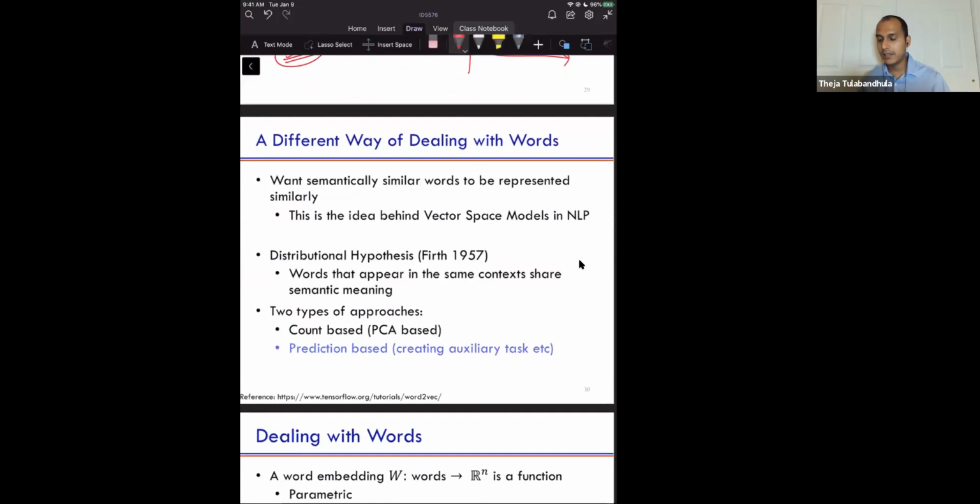Now, the way we get to those embeddings is going to be slightly different: we want to ensure that semantically similar words, where semantically just means the meaning of the word, and it has, of course, a more precise definition, but loosely speaking, similar words should be represented similarly, in the sense that they should have similar vectors.